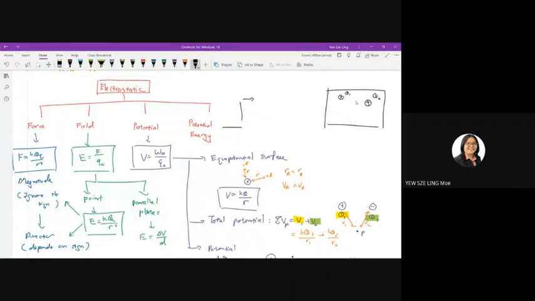The energy needed for a system of two charges, we use the equation U equals KQ1Q2 over R12. Now, what if you have a system of three charges? Now you want to add a third charge into the system.